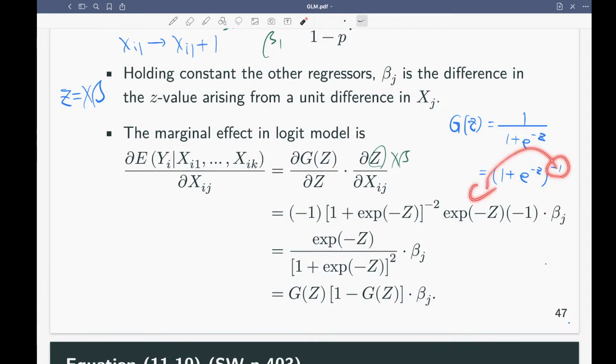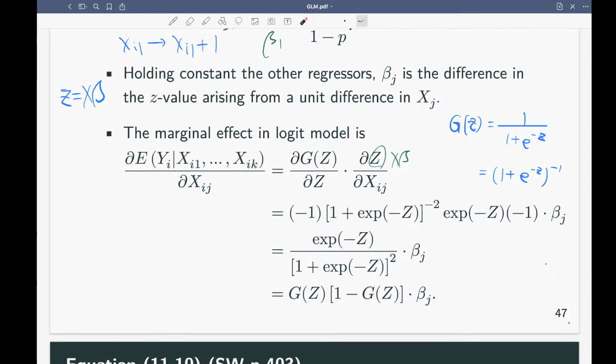Plug in negative 1 here, and here we use negative 2. Do a chain rule: exponential negative z has a derivative with respect to z, exponential negative z times negative 1.